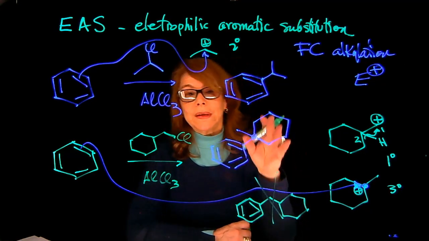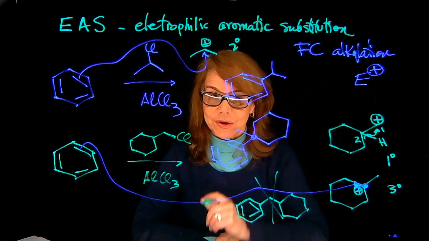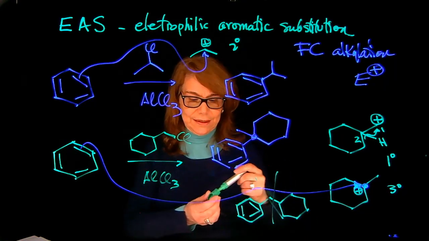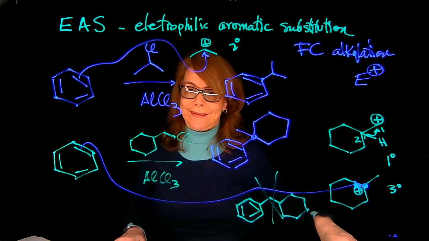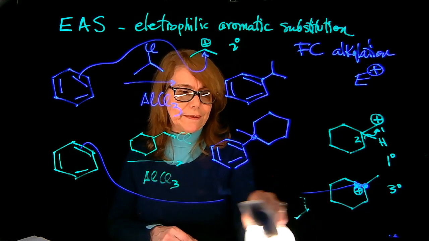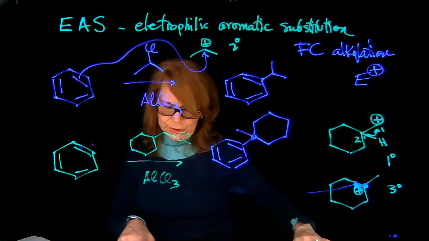This is why in some cases we don't use the Friedel-Crafts alkylation directly, but we use the acylation. If we wanted that product, we cannot do it directly with this. Instead, we need to plan an acylation.